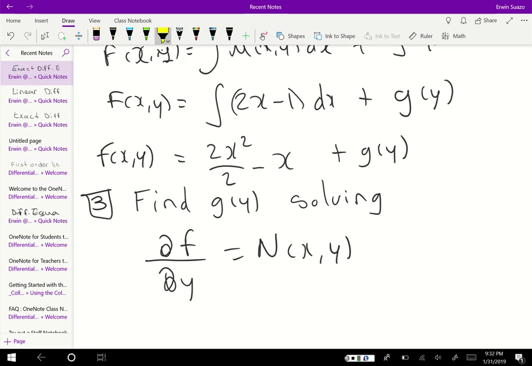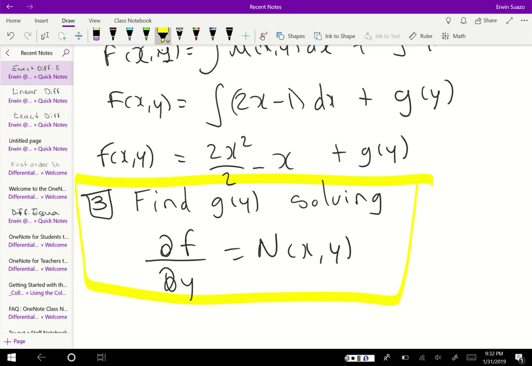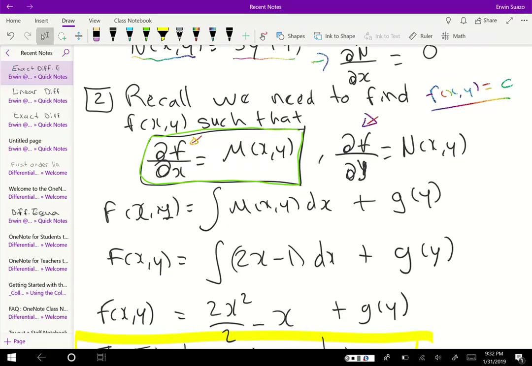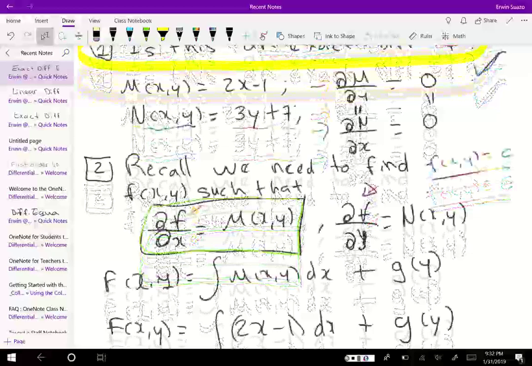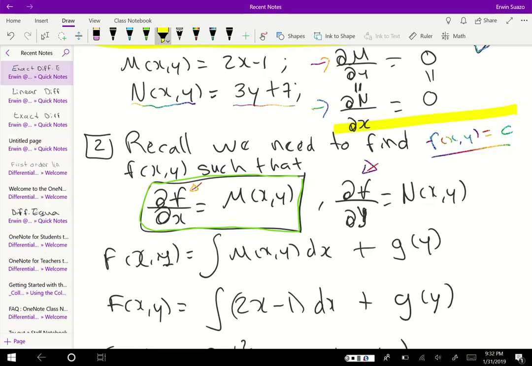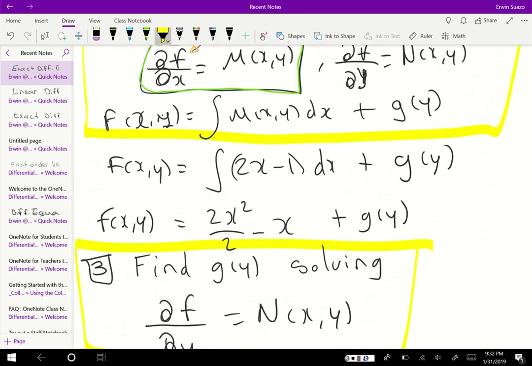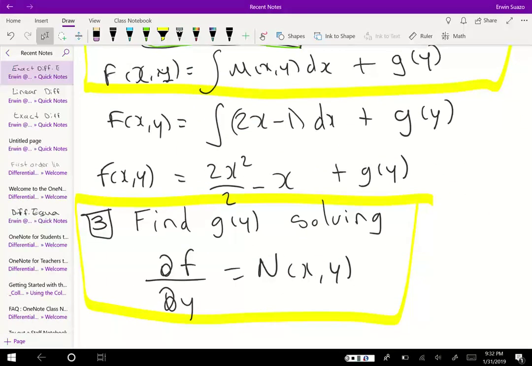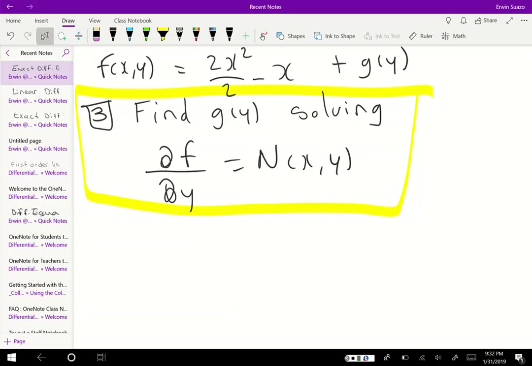Okay, that's my third step. So this is the first step, this is the second step, so let's put it until here. And this is my third step. I need to find g of y by solving this.